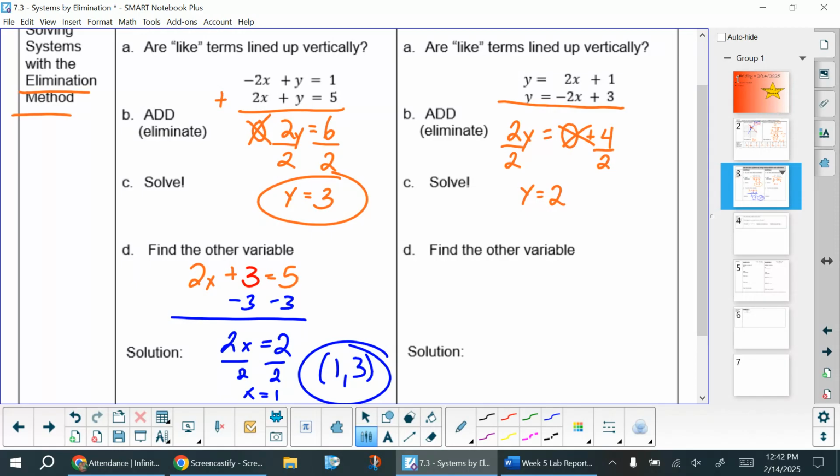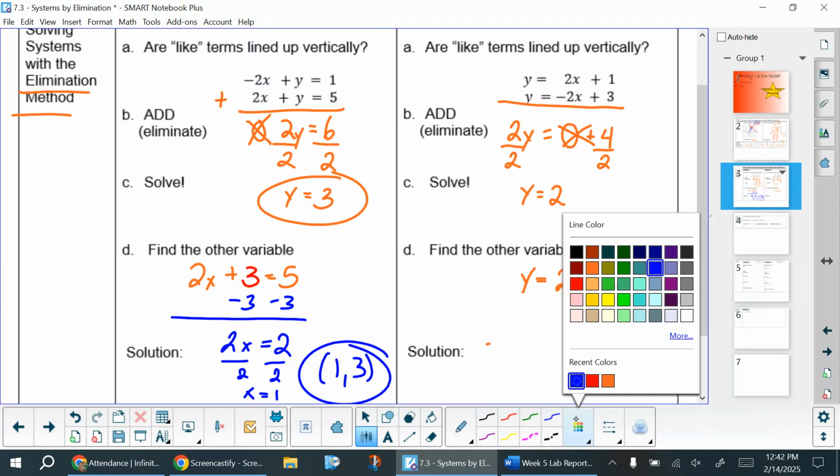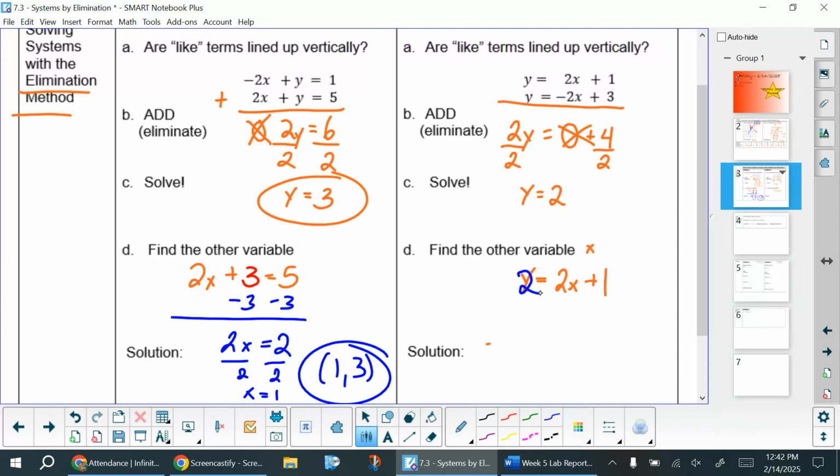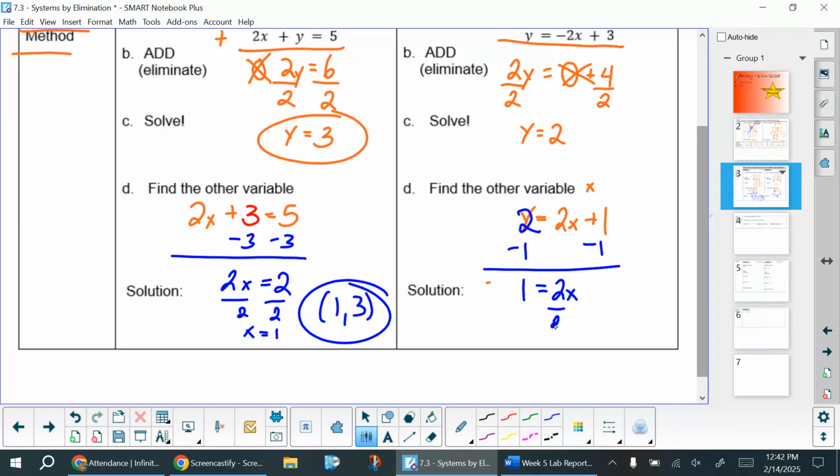Now to find my other variable, in this case the x, I am going to take one of these equations. Let's just use the first one since there's no negatives in there. It might make it a little bit easier. And I'm going to just replace the y with a 2. And that is the equation I have to solve. So I'll subtract 1, 1 equals 2x, and then divide by 2, x equals 1/2.